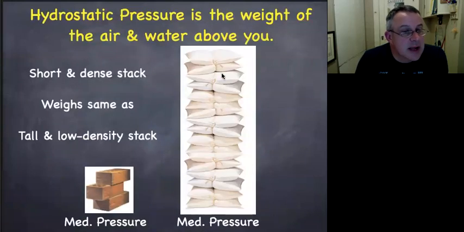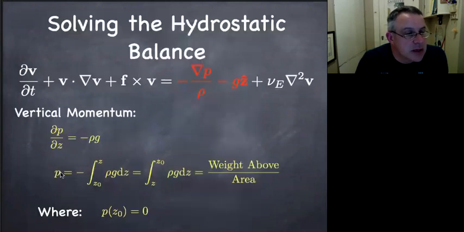So this is where we got to this weight above you per unit area with the tall stack of pillows and short stack of bricks. They both would have medium pressure because with pillows there's more stuff but it's less dense, versus less height, more dense. So this formula is the integral of the density, dz, from the surface to the depth that you're at.